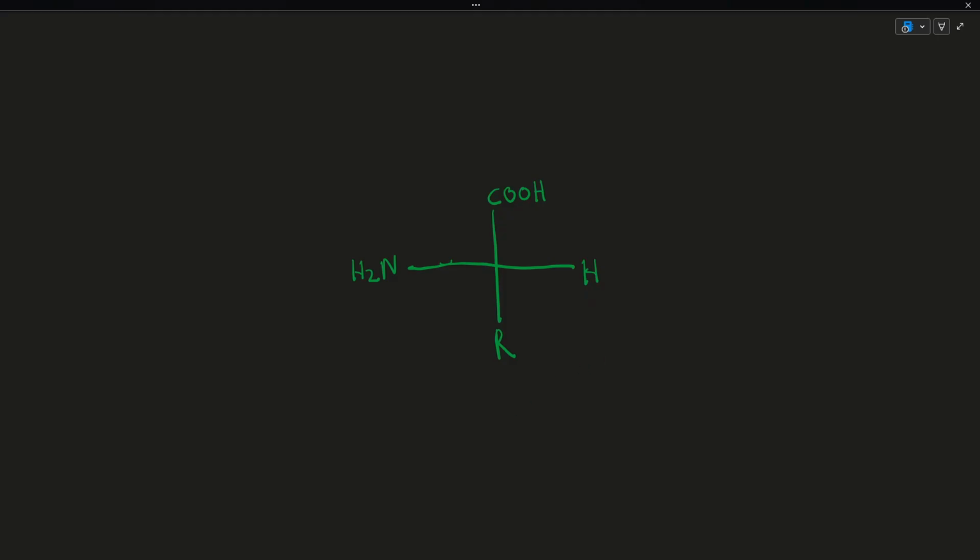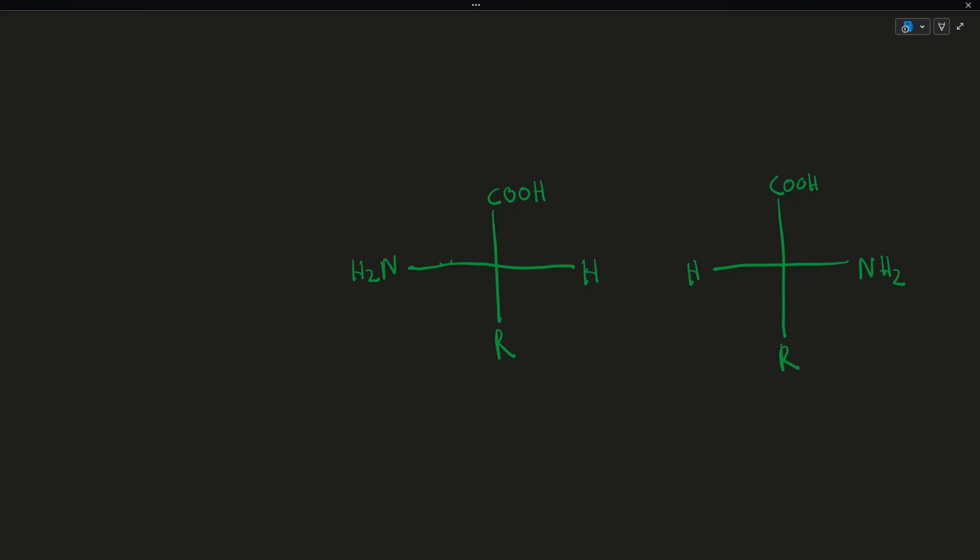So there's two different orientations for amino acids, and that's L and D. And so to determine the orientation, you look for the amino group, right? And so let me go ahead and draw the other orientation. So you look for where the amino group is. Just draw it the same way, the carboxyl group at the top, the R group at the bottom. And you look to where the amino group is.